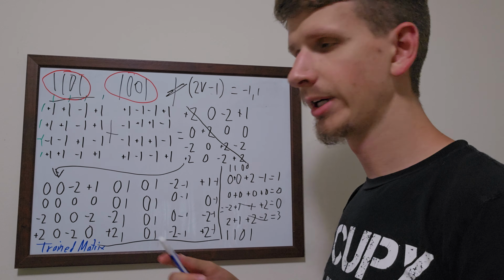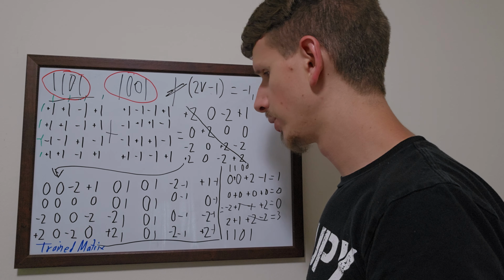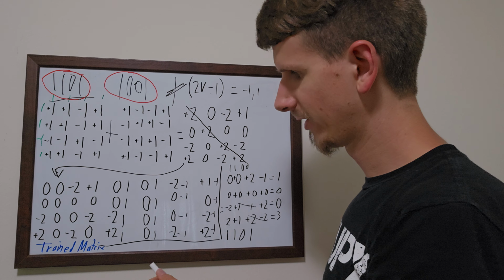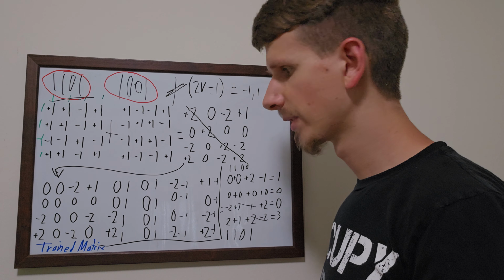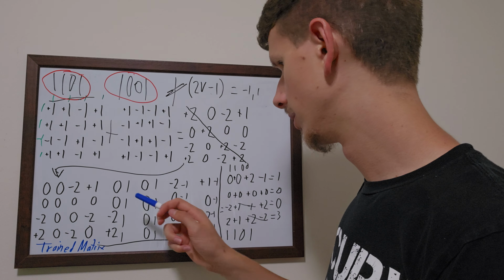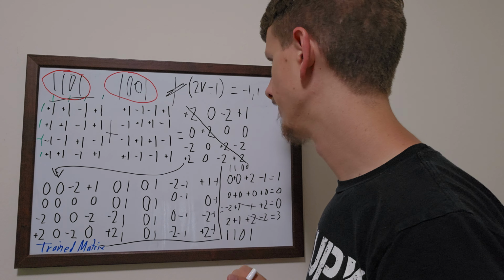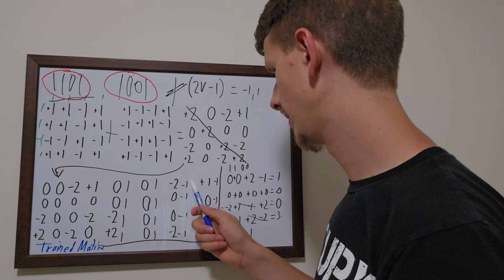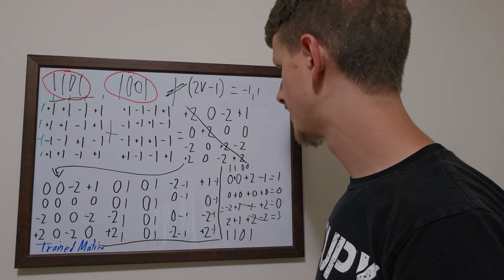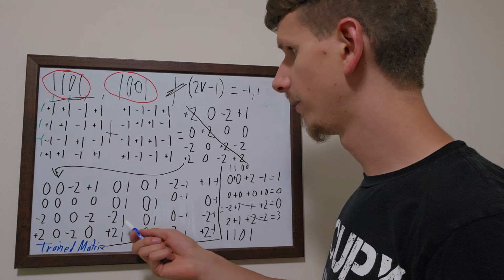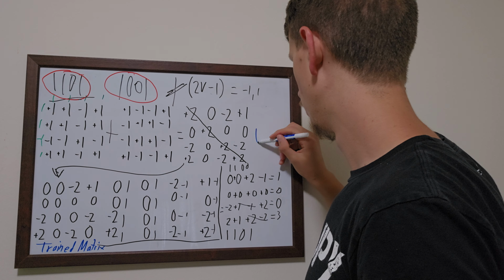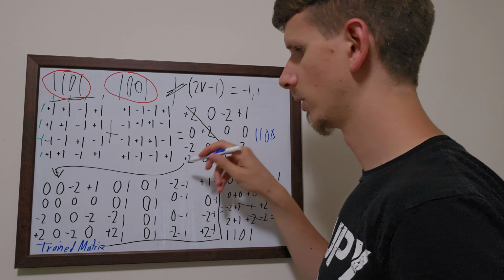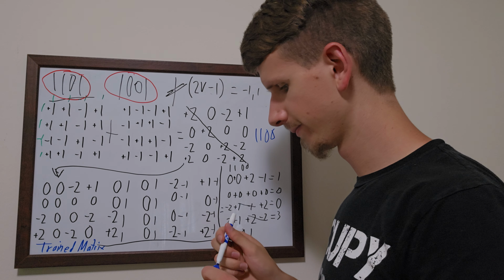Once you have your trained matrix, you just expand it so you have room to enter values here. And what we're going to do is enter 1, 1, -1, -1. See, these are ones here, -1s, -1s. What this is equivalent to is if we entered 1, 1, 0, 0 into our trained matrix.